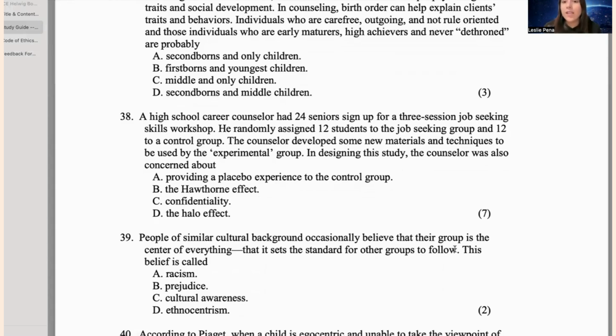In designing this study, the counselor was also concerned about what? So if he's going to give materials to one, our control group, he's probably not going to give the materials to her. He's going to give some kind of different materials. And what do we call that? It's a placebo effect to the control group, which is the one we're controlling.